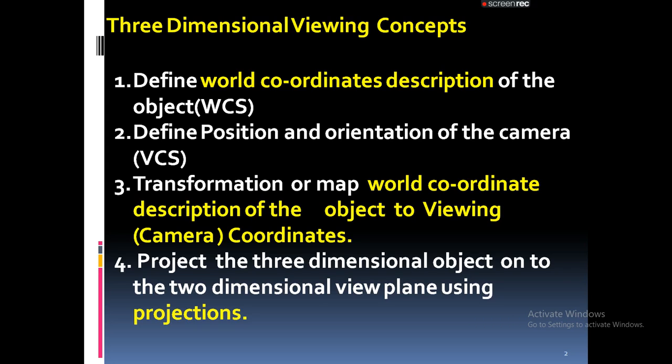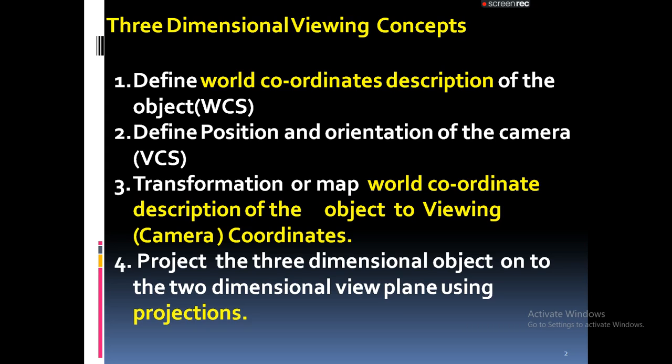Third step, we need to map the object present in the world coordinate system into the camera coordinate system. Once you perform the transformation from world coordinate system to viewing coordinate system, then we can project the three-dimensional object onto the two-dimensional viewing plane using projections.